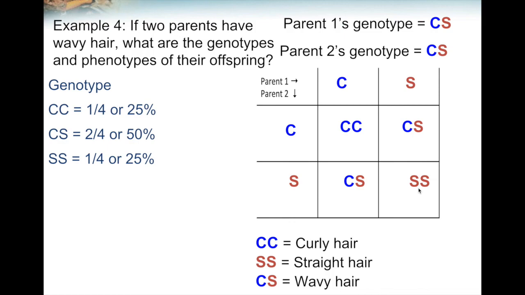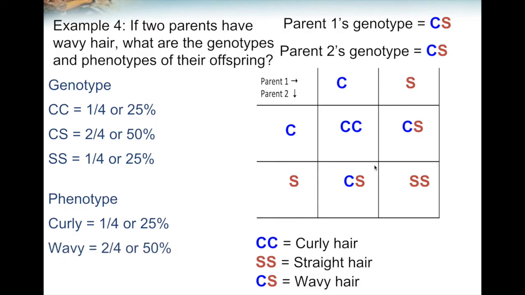For phenotype, the hair texture, the genotype CC represents curly hair, so it's 1 out of the 4 boxes, or 25%. The genotype CS represents the phenotype of wavy hair, so that's 2 out of 4 or 50%. And SS represents the phenotype for straight hair, which is 1 out of 4 or 25%.